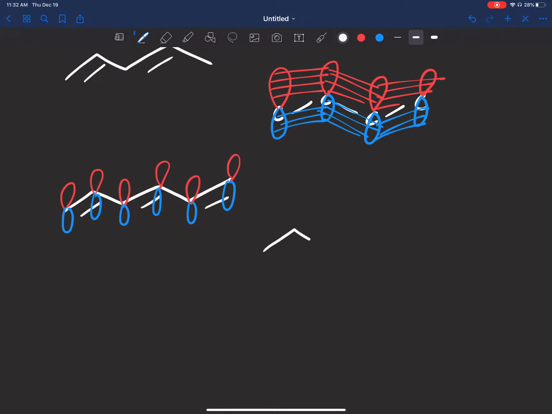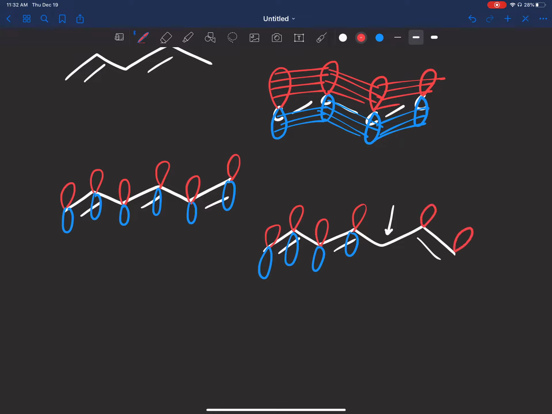So if I had, let's say, some compound that looks like this, the orbitals would end up looking like this. And you can see that right here is a break in the double bond. We don't have a conjugated system here, at least with the whole molecule.